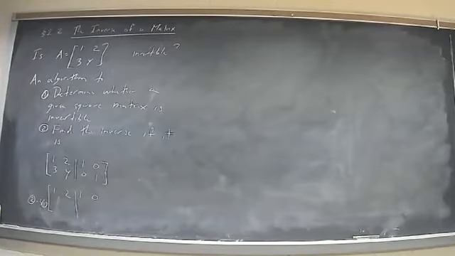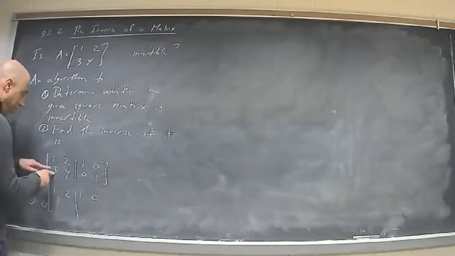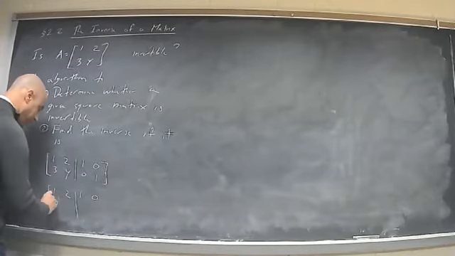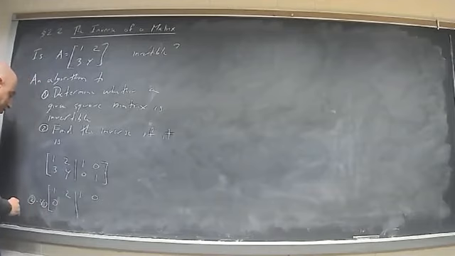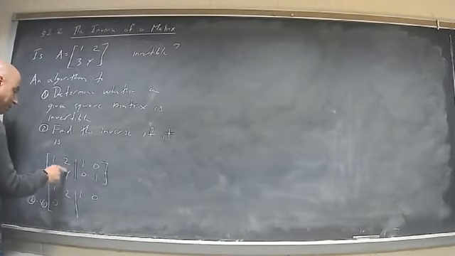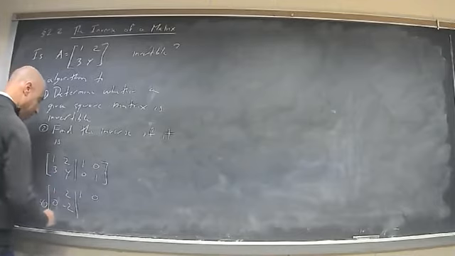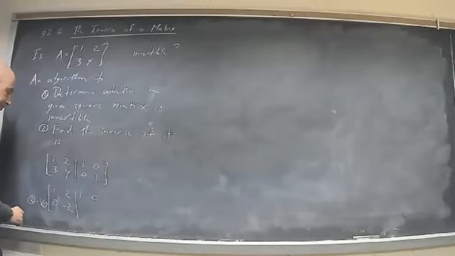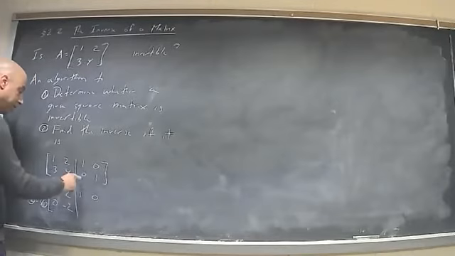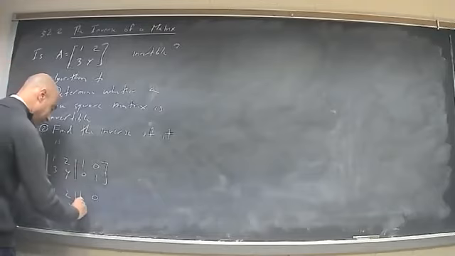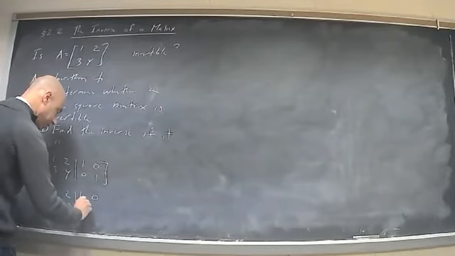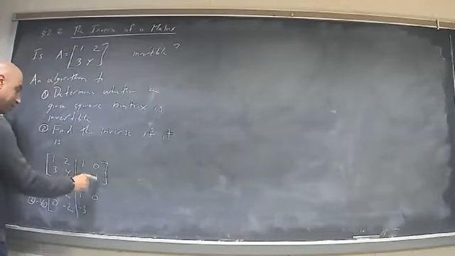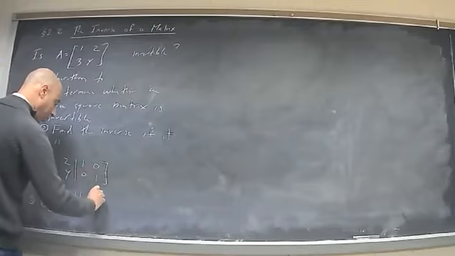So 3 minus 3 times 1 is 0, as it was designed to be. 4 minus 3 times 2, that's 4 minus 6, is negative 2. 0 minus 3 times 1 is negative 3. And 1 minus 3 times 0 is 1.